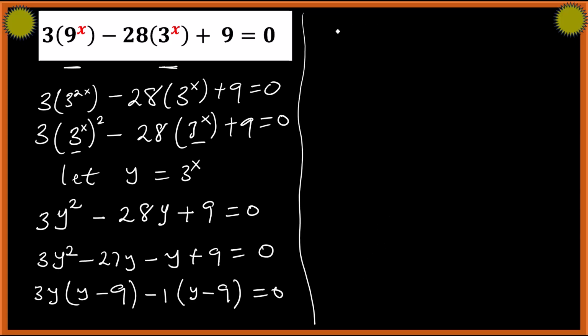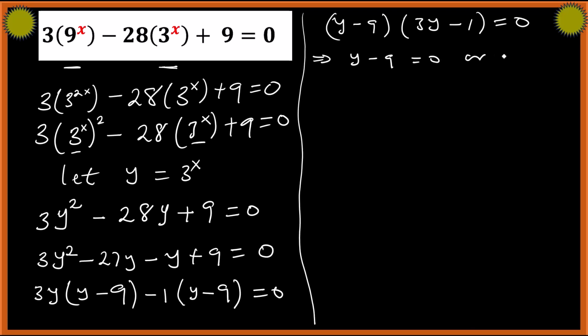So we have y minus 9 and 3y minus 1 equal to 0. Then we have what is inside the bracket. So this means that y minus 9 equals 0 or 3y minus 1 equals 0.